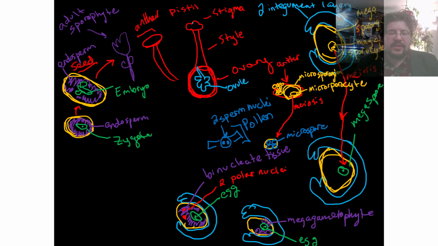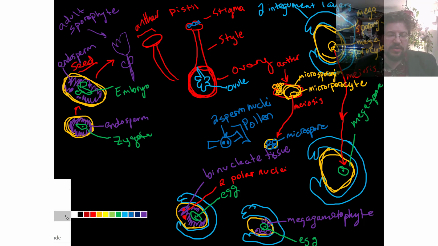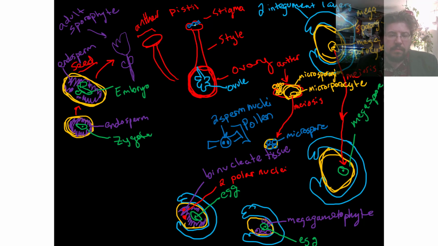The pollen grain lands on the site of pollination, which is the stigma. Remember, this is the site of pollination, not the site of fertilization. Reason for that is because in order to fertilize, we have to grow a big, long pollen tube. So the pollen tube penetrates down into the ovary around to the ovule.